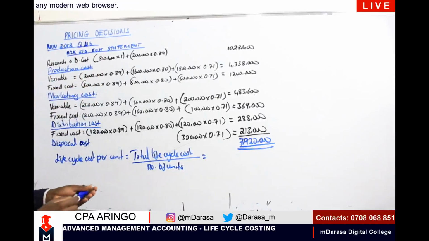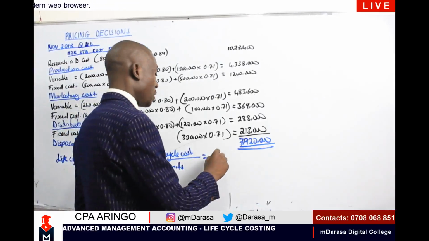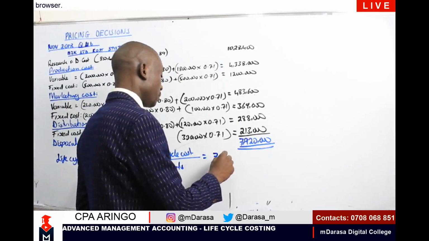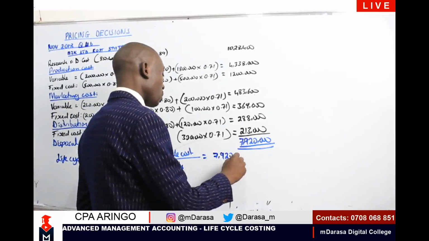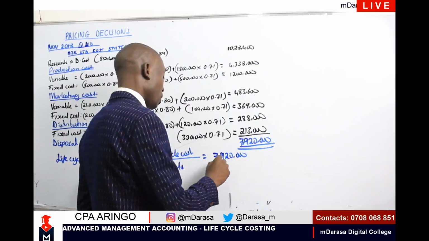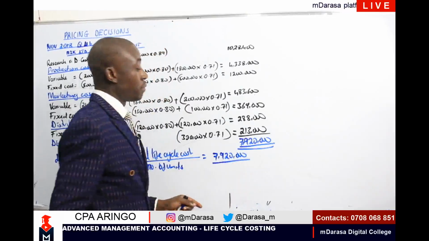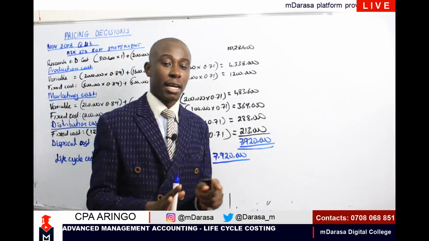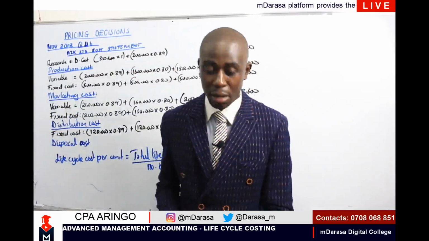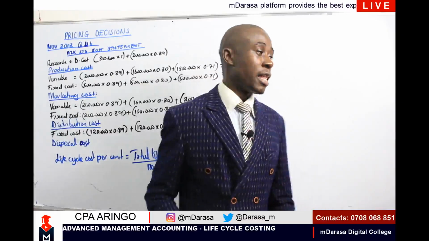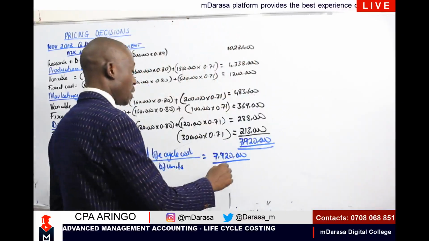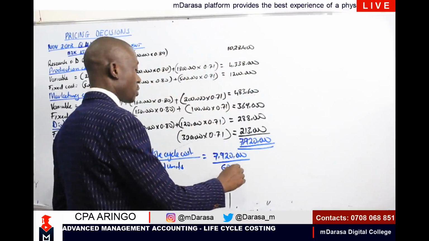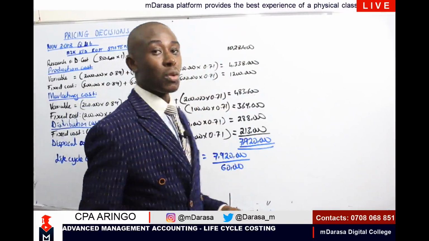So my total life cycle cost, we have determined it to be 7,920,000. We divide by the entire number of units.